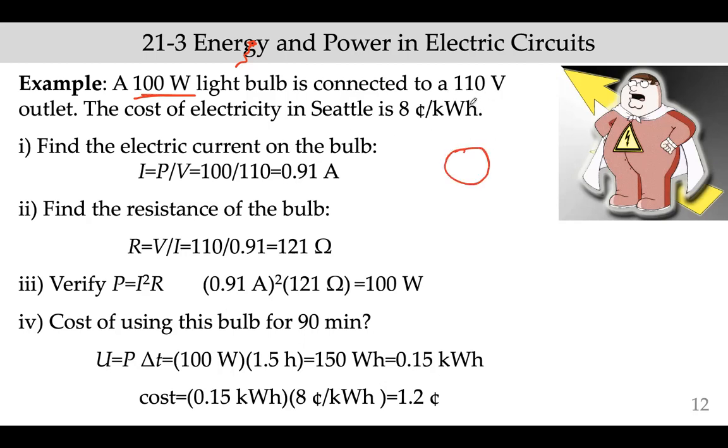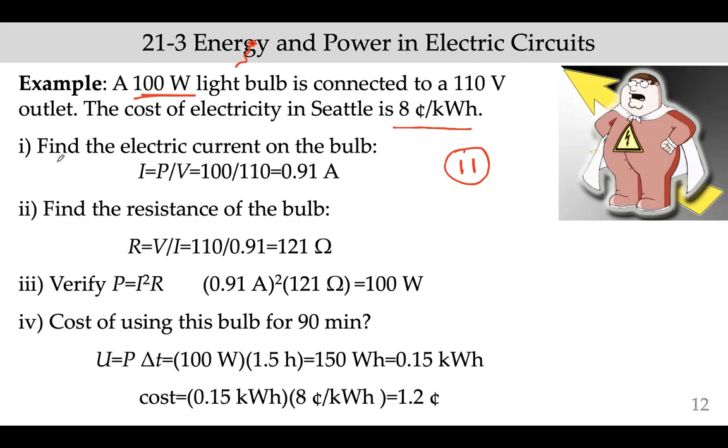In Turkey or European countries, it's 220, but in the US, it's 110 volt. So a light bulb is connected. The cost of electricity in Seattle is 8 cents per kilowatt hour.